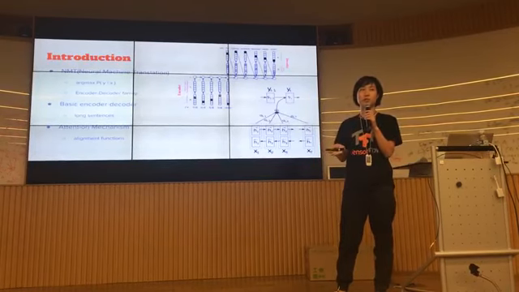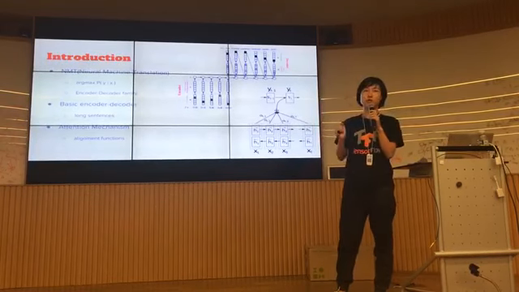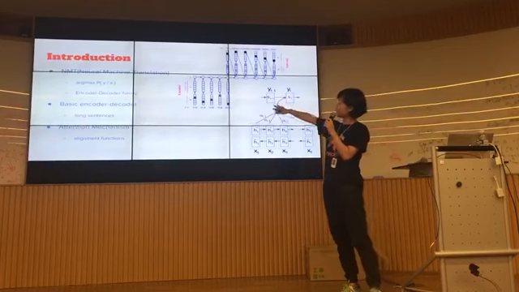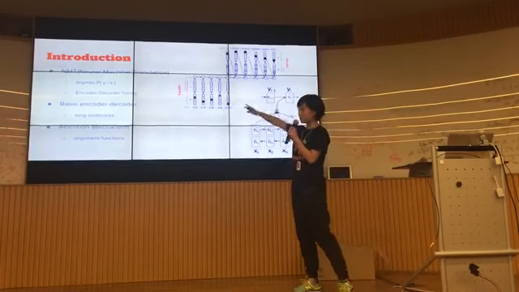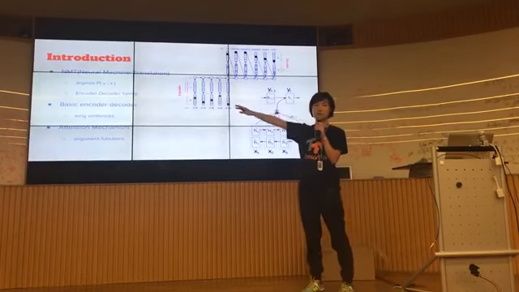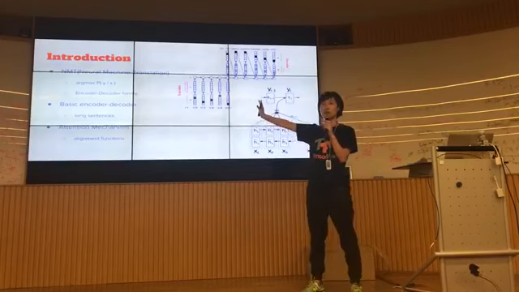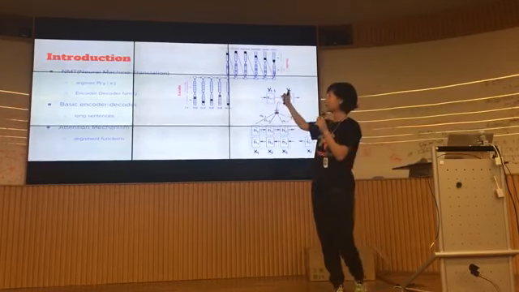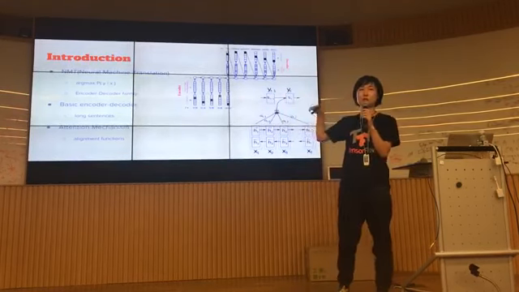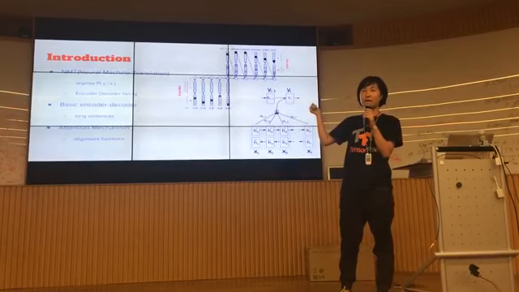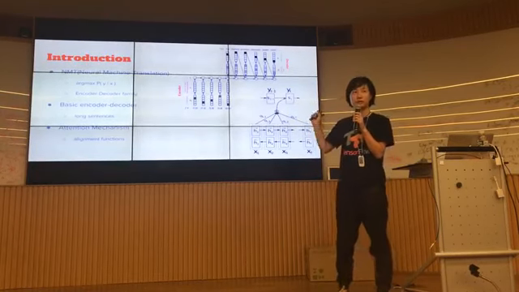Most proposed models belong to the encoder-decoder family. As this picture shows, this side is the encoder. It encodes the whole source sentence into a fixed-length vector, and then the decoder uses this vector to output the translation. But there is a problem with this approach.